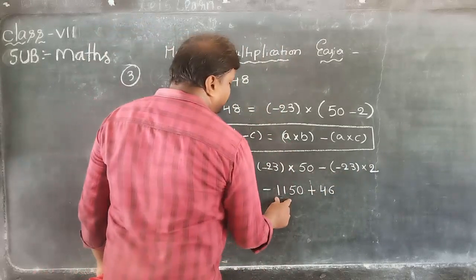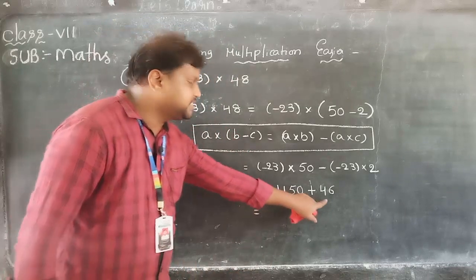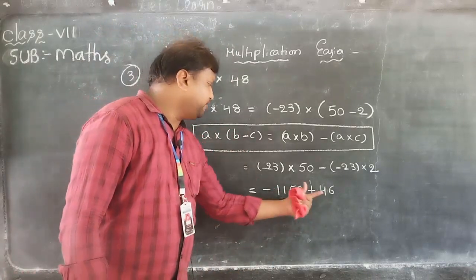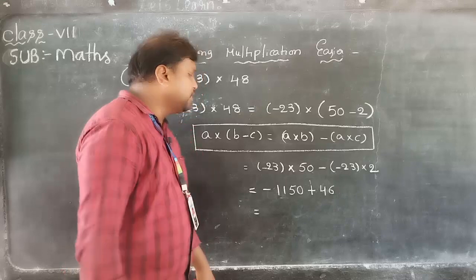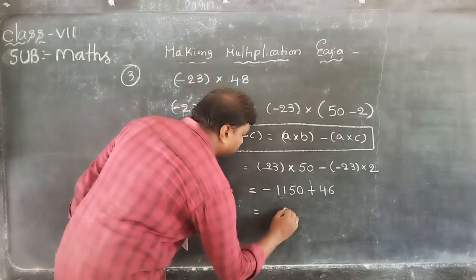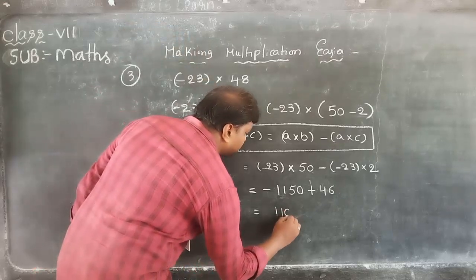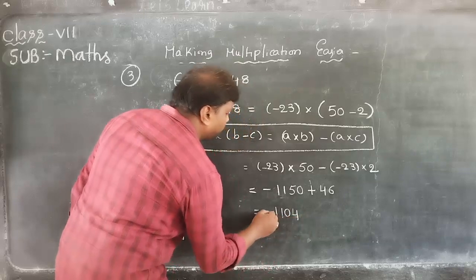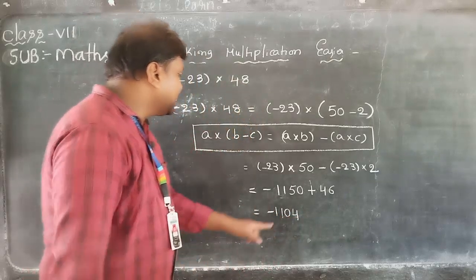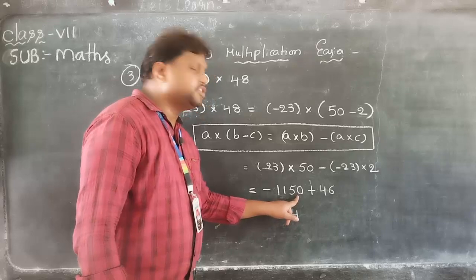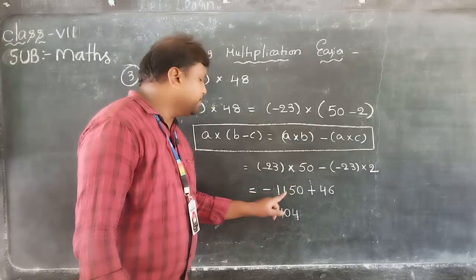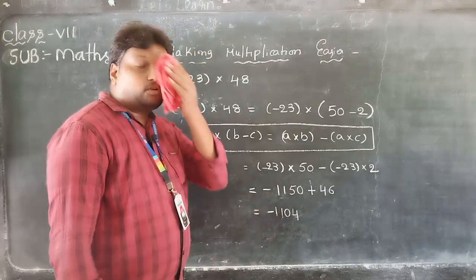Here 1150 is the negative value, 46 is the positive value. We can take the difference between 1150 and 46. What is that? 1104, minus. Why? Because the higher value 1150 has the negative symbol. That's why the answer also gets the negative symbol.